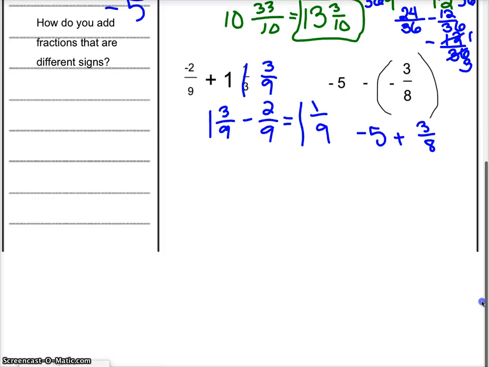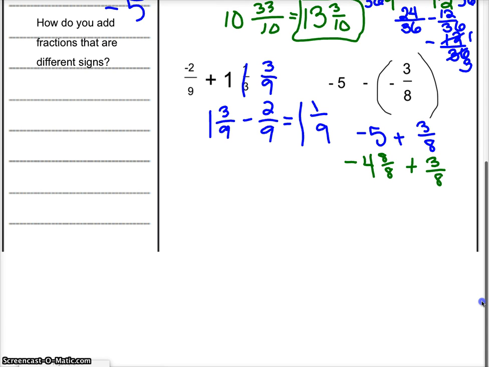I usually always regroup this. Watch how I regroup it, if you recall. I regroup this into 4, I take a whole away, and then rewrite a whole. Do you remember doing that last year at all? Take a whole away and rewrite a whole. That's what I did. Plus 3/8.